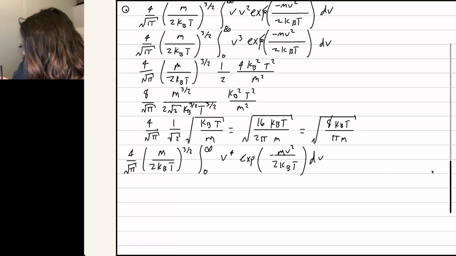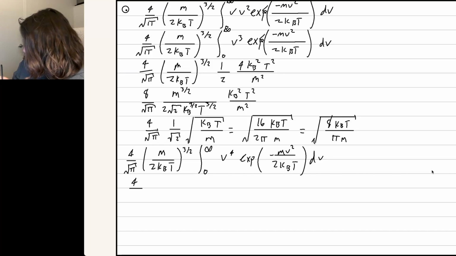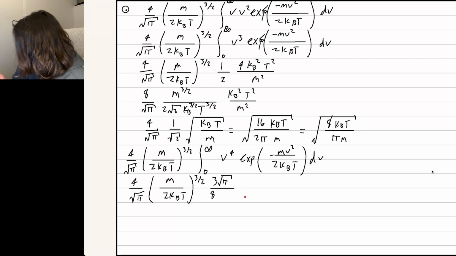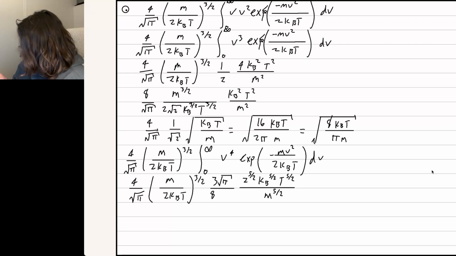So what you're going to end up with is 4 over root pi, m over 2 kbt to the 3 halves, 3 root pi over 8, and then the inverse of square root c fifth, so it's going to be 2 to the 5 halves and kb to the 5 halves and t to the 5 halves over m to the 5 halves. All right.